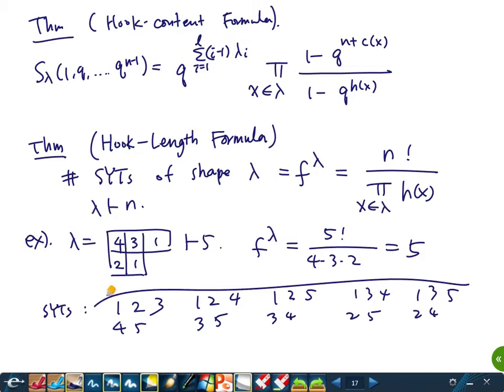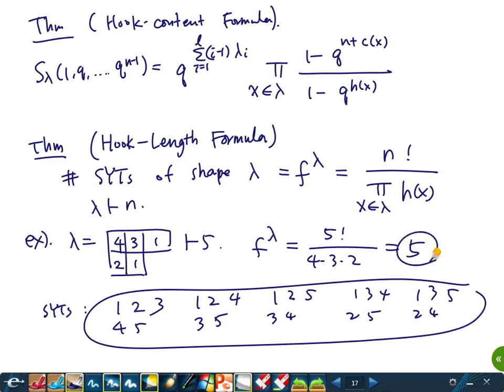There are only 5, which is computed over here. This is true in general. It's a very well-known and famous formula proved in the 1950s. Any questions?